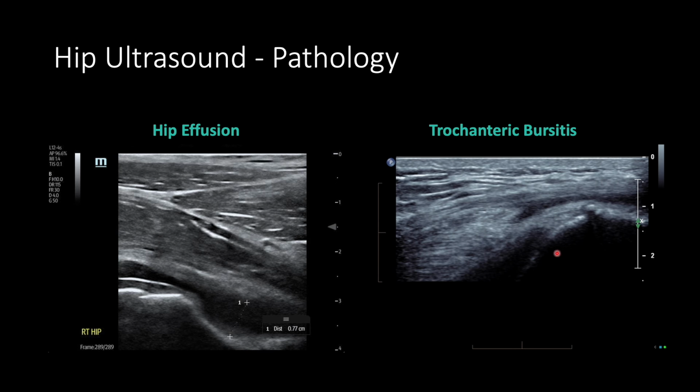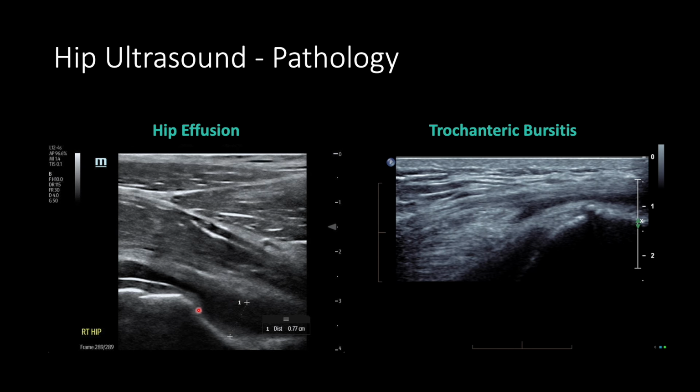The two main questions that are asked most commonly in my clinic regarding hips are whether or not there's a hip effusion, which could be a result of an inflammatory or infectious process, or certainly could be resulting from an occult fracture that's not readily apparent. On this anterior view of the hip, using ultrasound, we can certainly see that there is a hip effusion here.